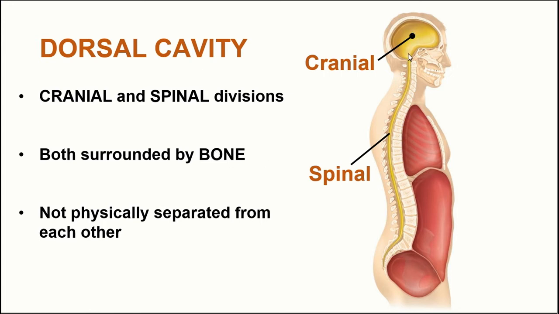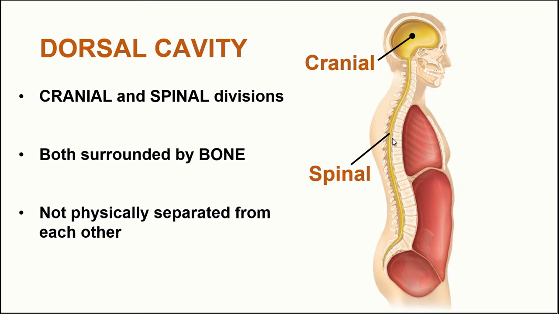The cranial cavity is completely encased by bone. The spinal cavity, for the most part, is also fully surrounded by bone, even though the connections are not as strong between the bones of the vertebral column as we see in the bones of the skull here.